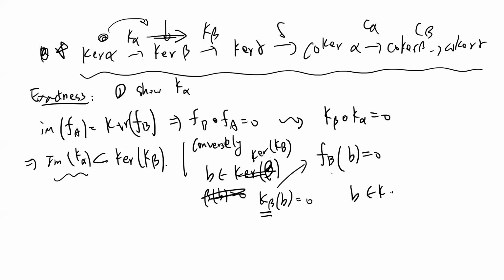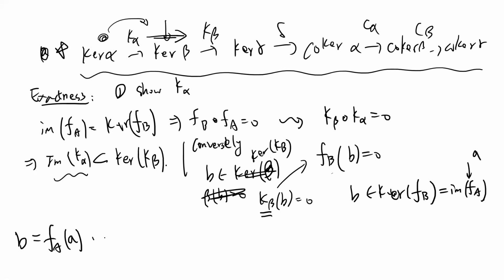So B belongs to the kernel of F B, but by exactness this is the image of F A. So that means there exists A such that B equals F A of A.